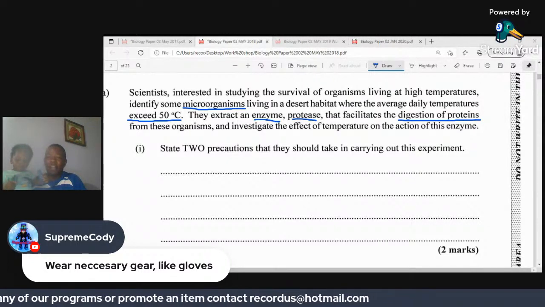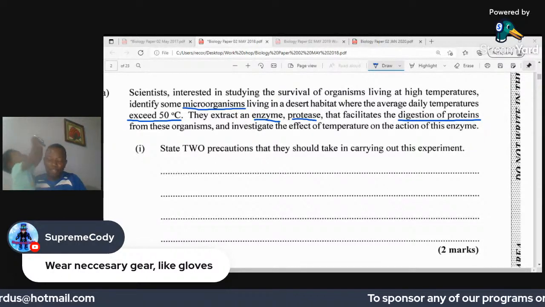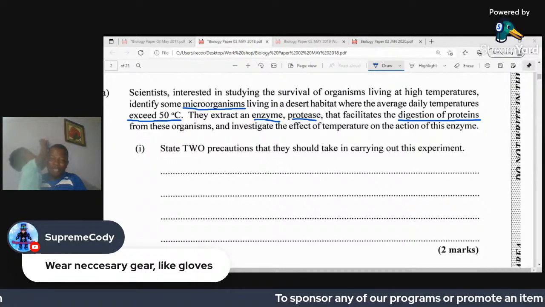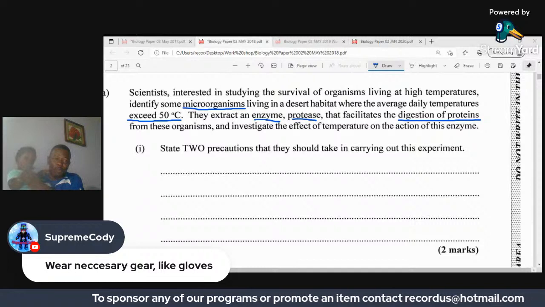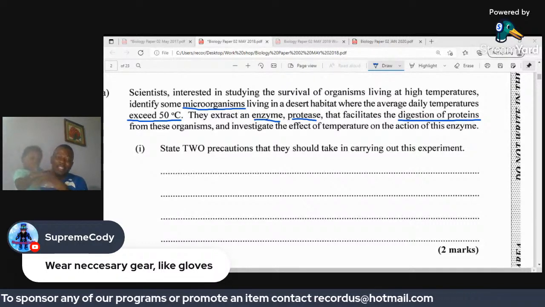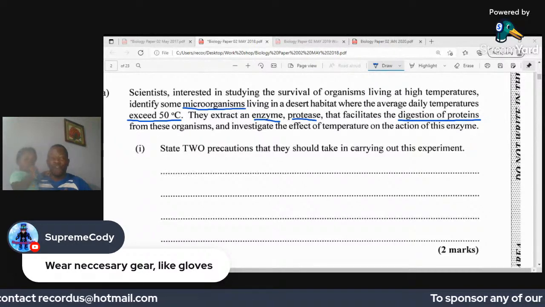Ensure the microorganism stays in a similar pH and temperature. Definitely, because we are looking at the enzyme there, we know that enzymes are easily denatured. So you really don't want to expose this enzyme to too low a temperature. That's a precaution you want to look at.